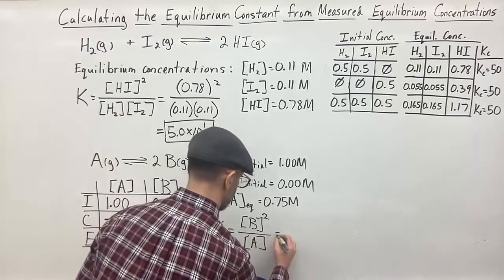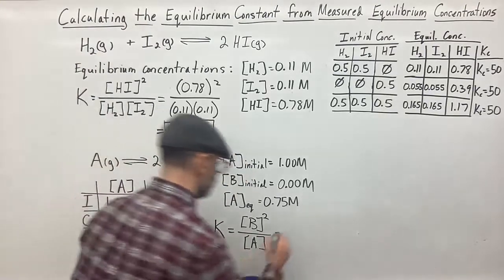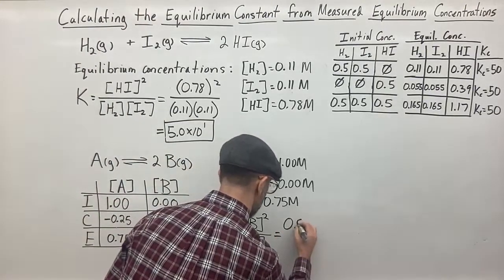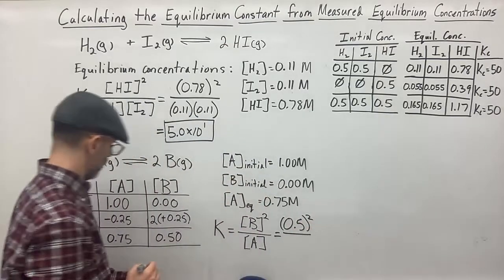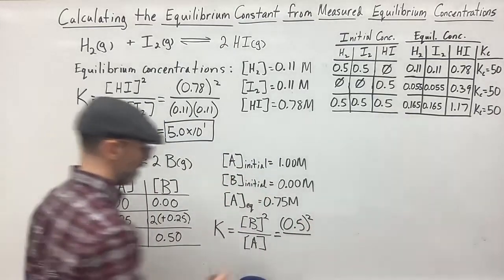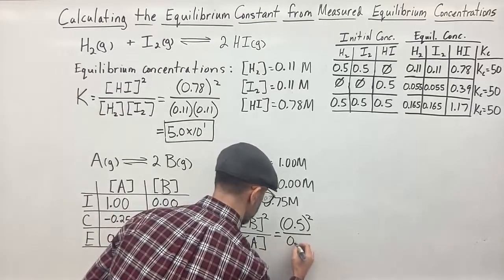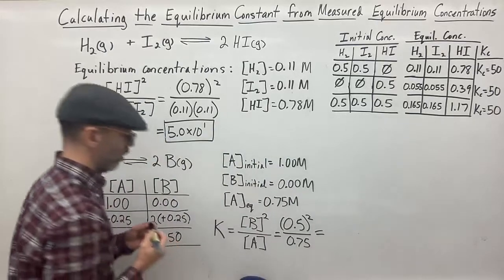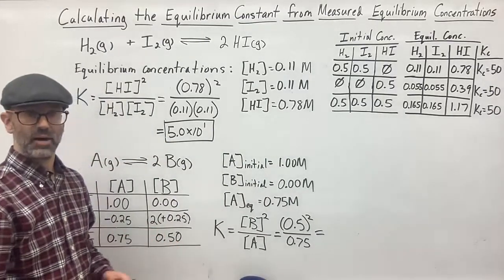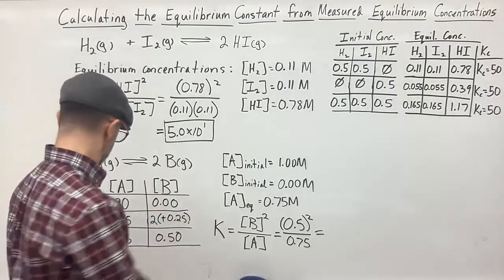So then I plug those in. So B is 0.5 squared, and A is 0.75. And then all I do is I calculate that out, and I get my answer.